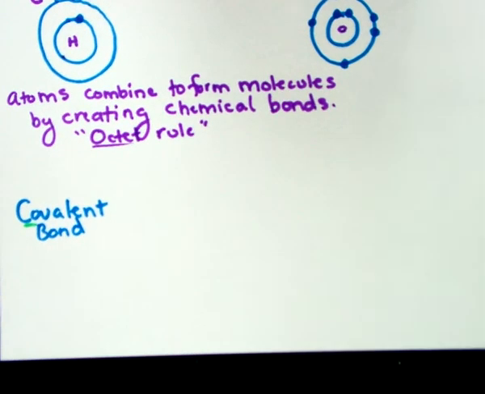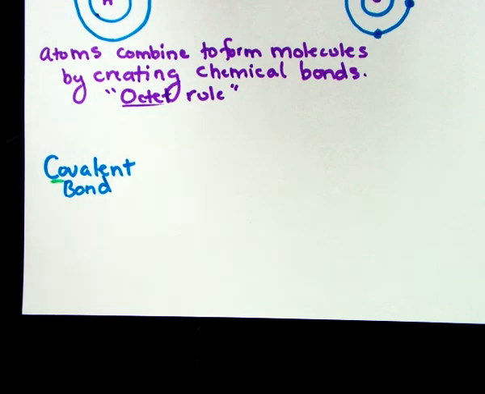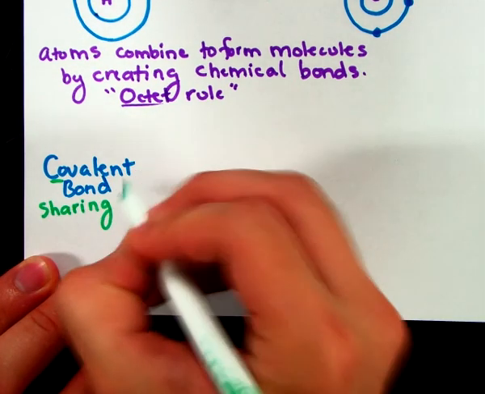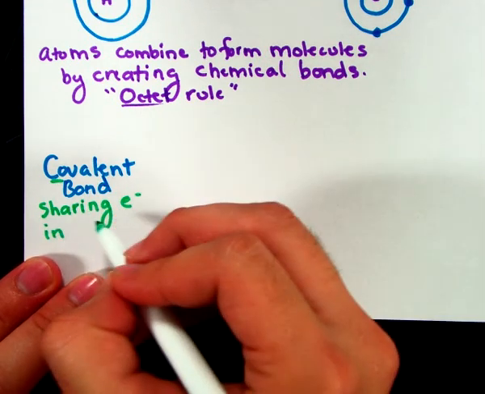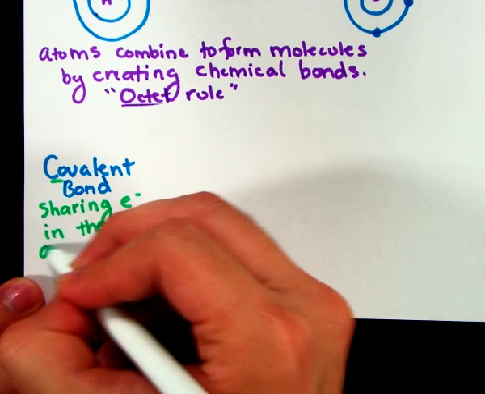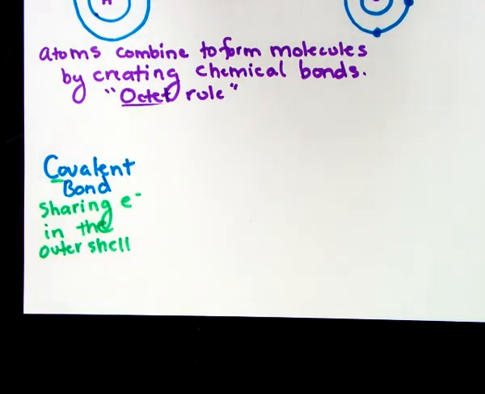You're sharing valence electrons between two atoms, sharing electrons in the outer shell. And that creates a bond.